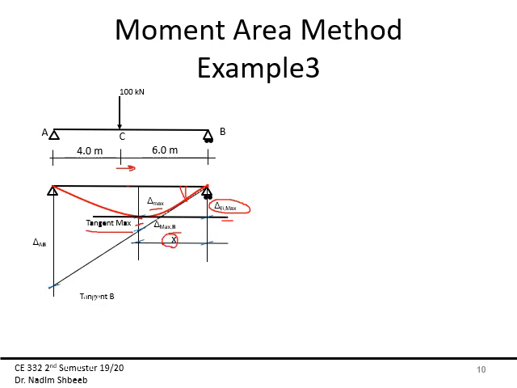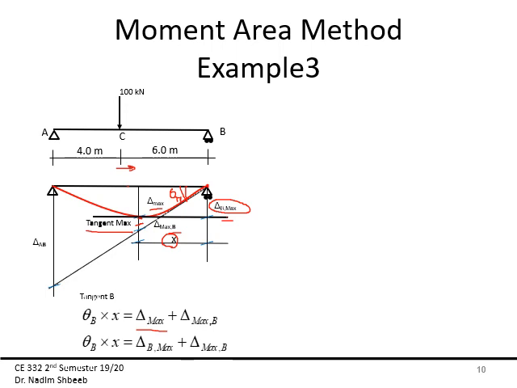So this is going to be at some distance x. Okay, so how will I find x? Again, theta b times x is going to be equal to delta max plus delta max b.